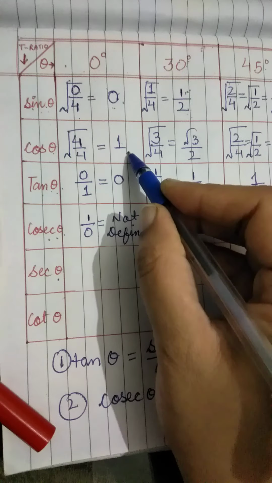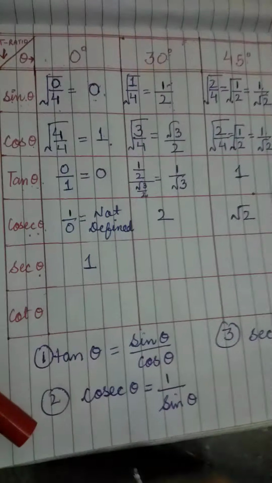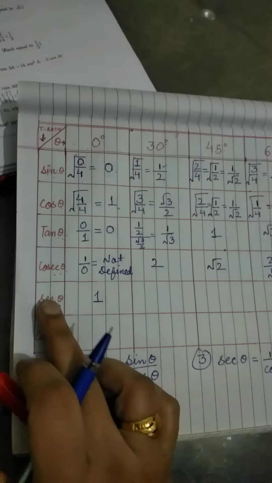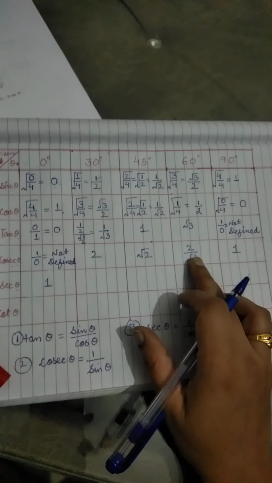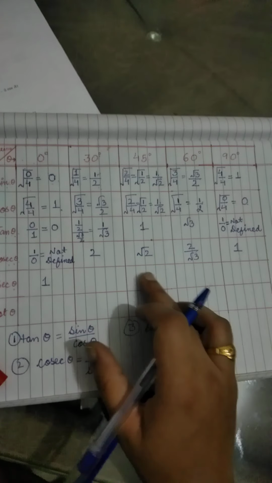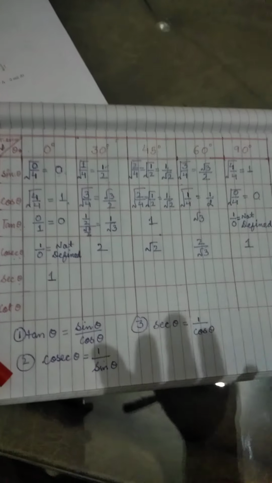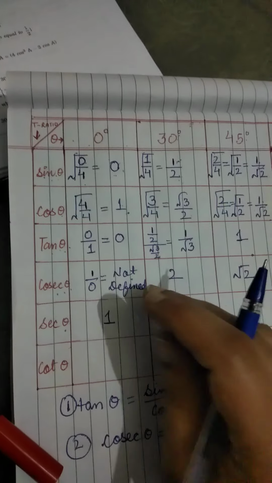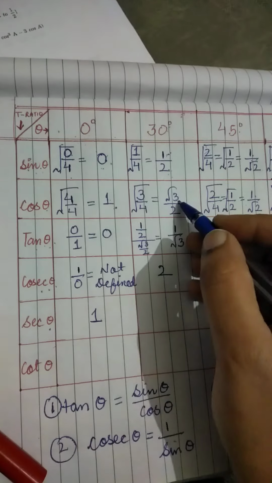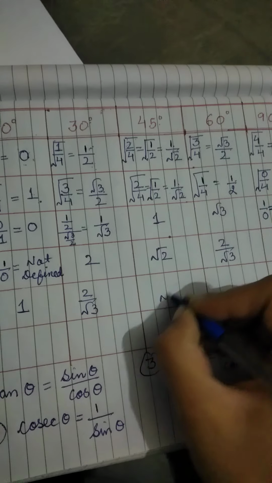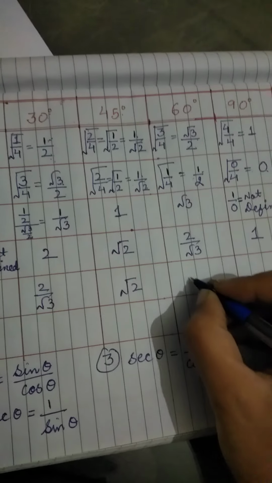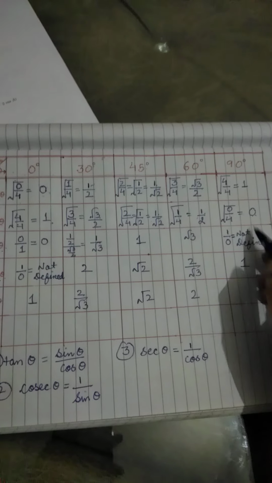So take the reciprocal of cos theta. 1 divided by 1 is always equal to 1, or 2 divided by under root 3, next is under root 2, next is 2, and next is not defined. Reciprocal of 0 divided by 1, which is equal to 0.